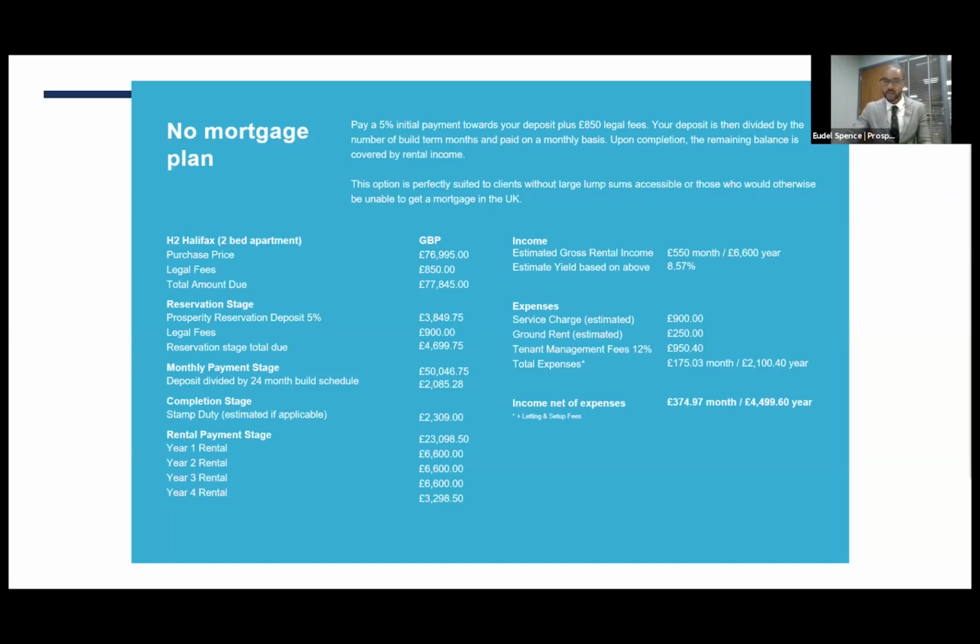This rental repayment stage, for example, is £6,600 per annum. We would collect that from the rental management team to pay Prosperity back the outstanding balance of 30% that we funded at completion, and that's completely interest-free.